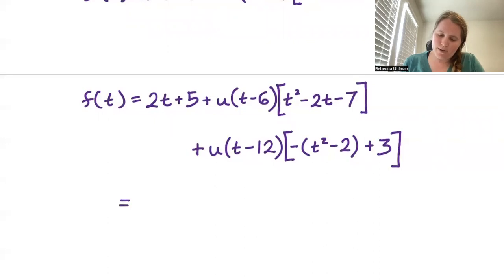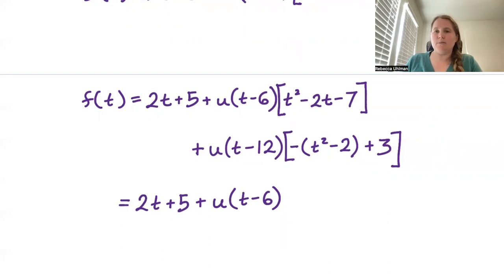Of course, we could rewrite this as 2t plus 5 plus u of t minus 6 times t squared minus 2t minus 7. I apologize, my screen didn't update.